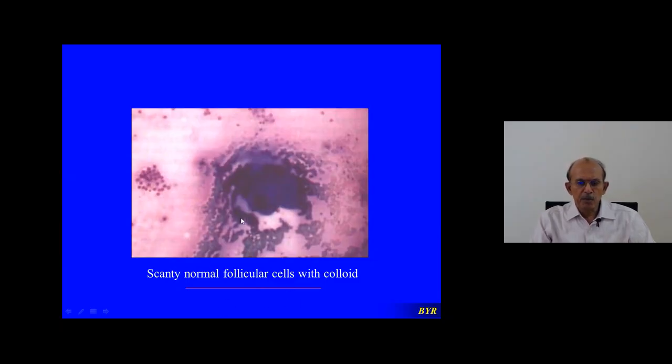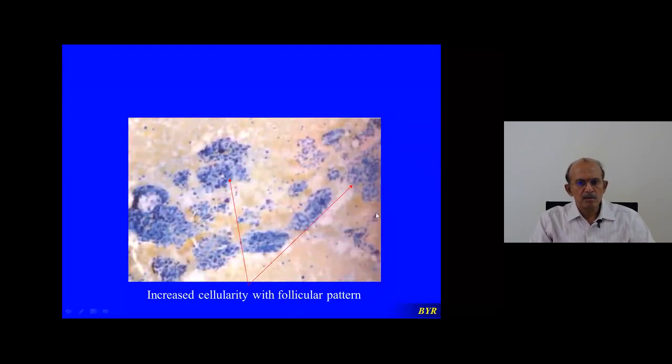So this is a case of simple goiter where you see hematoxylin stained colloid with normal follicular cells. So this nodule is because of the simple goiter. Now you can see the follicles, so the cells are arranged in follicles as groups.